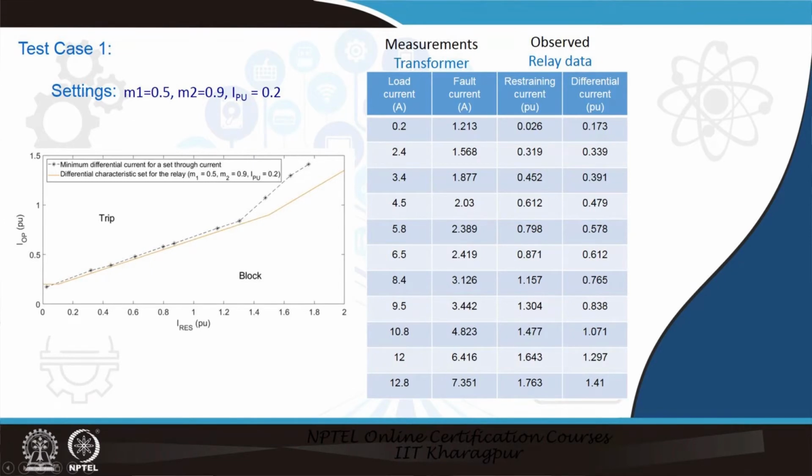Now, we see here in this region it is almost matching, and in this region there is a little deviation. As already mentioned, this is the difference from the said value, which is the reference, which the relay is expected to perform to in the particular experiment.